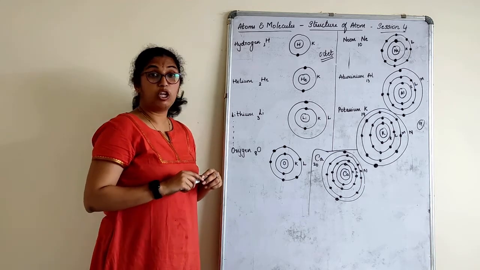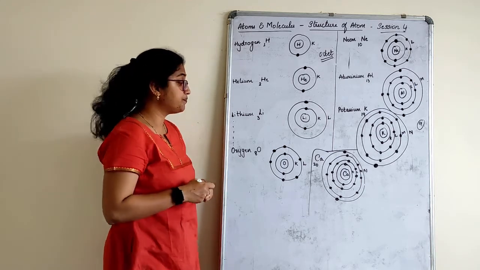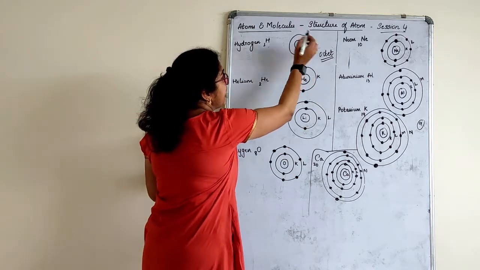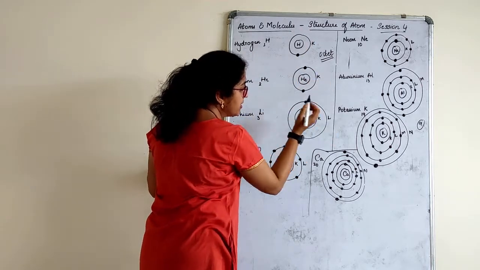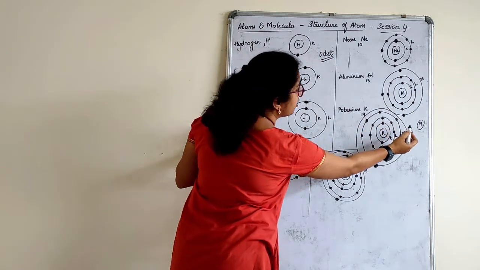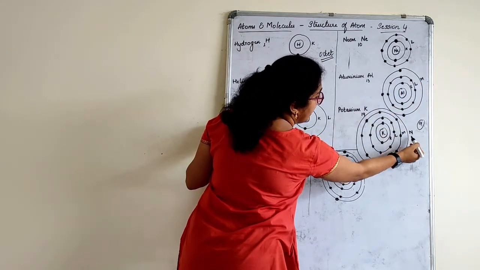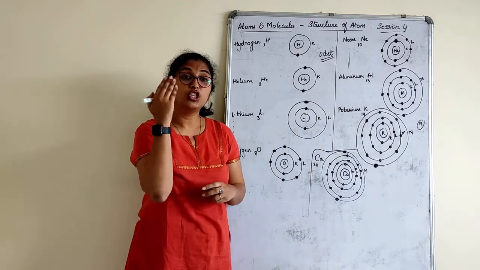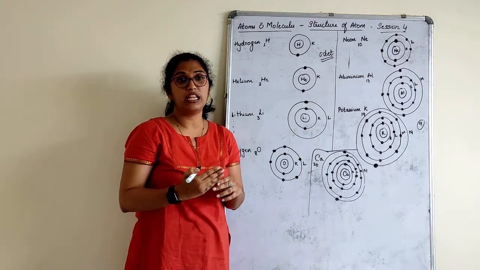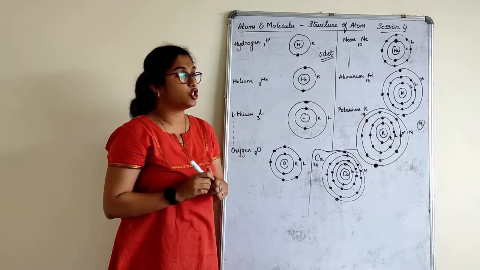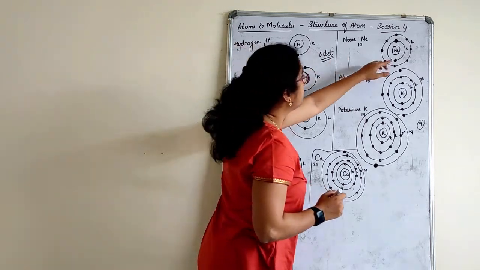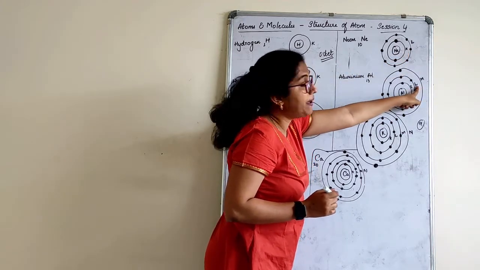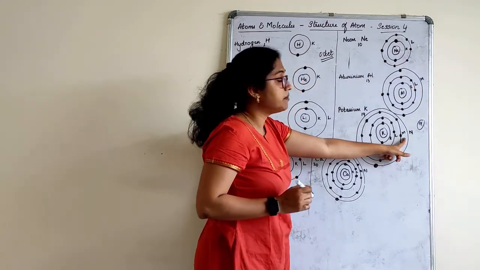I have told you I'll tell you about the penultimate shell, right? Now, this is the last shell. Here K is a last shell, L is a last shell, M is a last shell, N is a last shell. In every case, the shell before the last shell is called the penultimate shell. Here K is the penultimate shell, L is the penultimate shell, M is the penultimate shell.